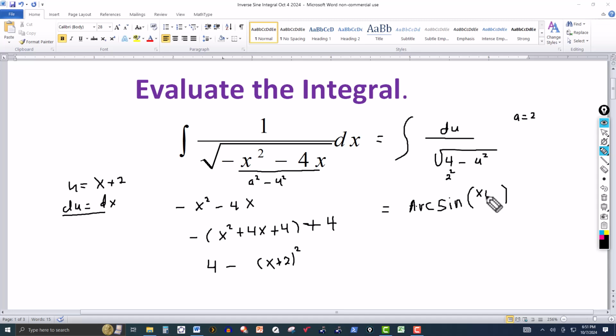So it's x plus 2, that's u. And the a, 2 squared, would be a squared, so the a would be 2. So the final answer would be arcsine, or again, sine inverse of x plus 2 over 2, plus the constant of integration.